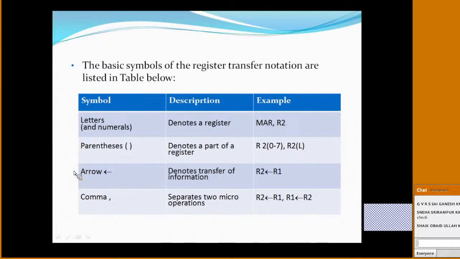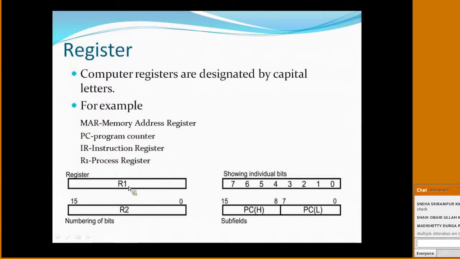So here the register R1 is represented by a rectangle. This is a register R2 of size 16 bits.